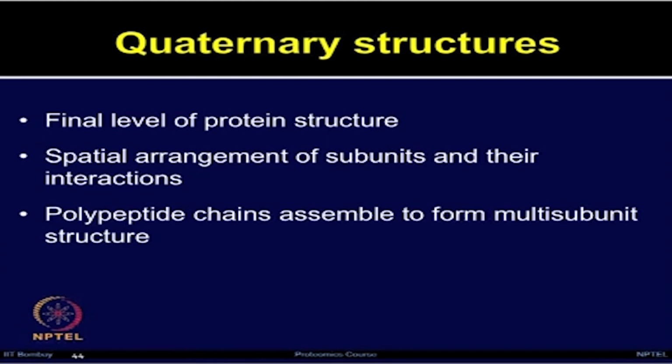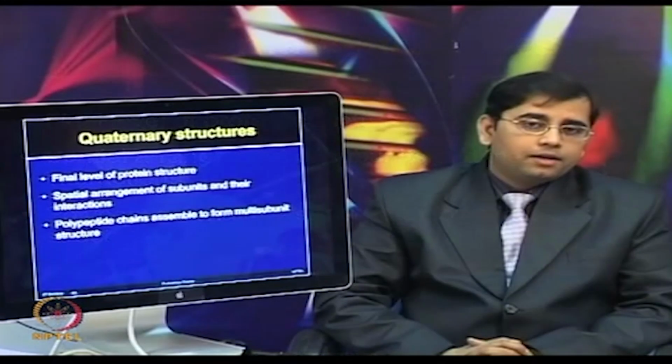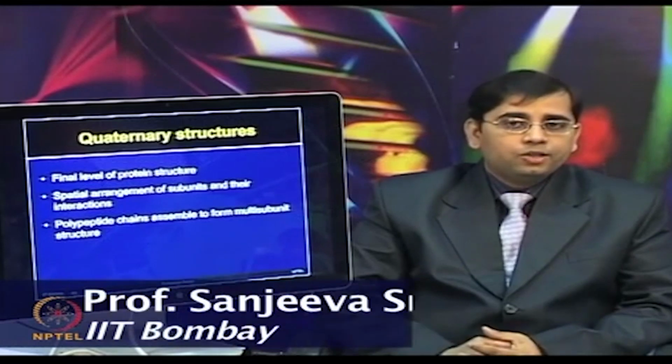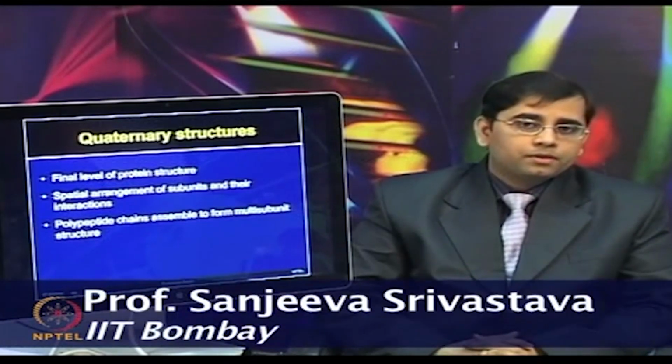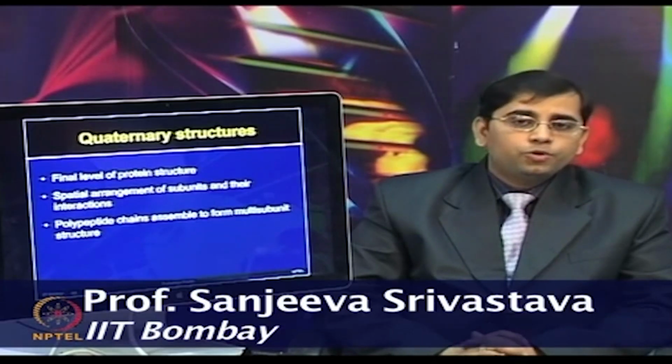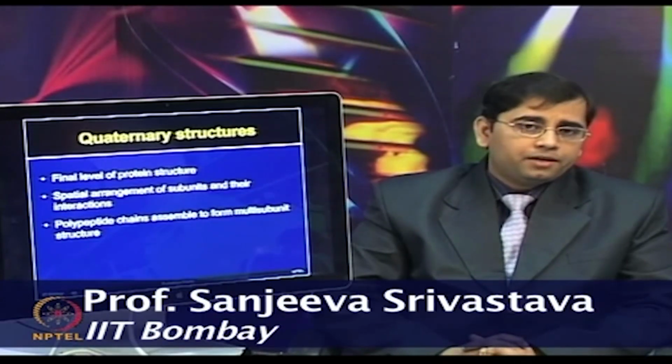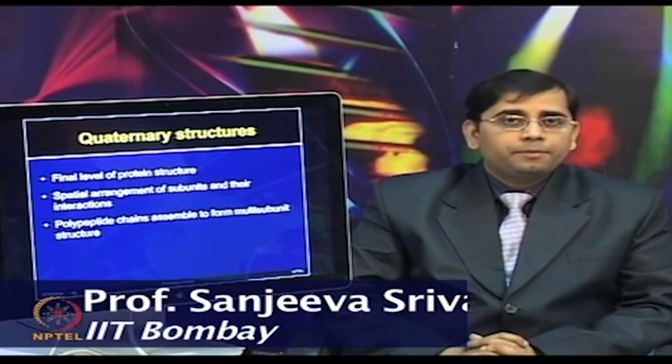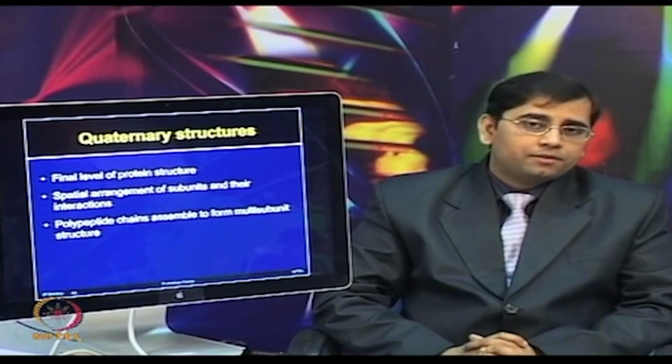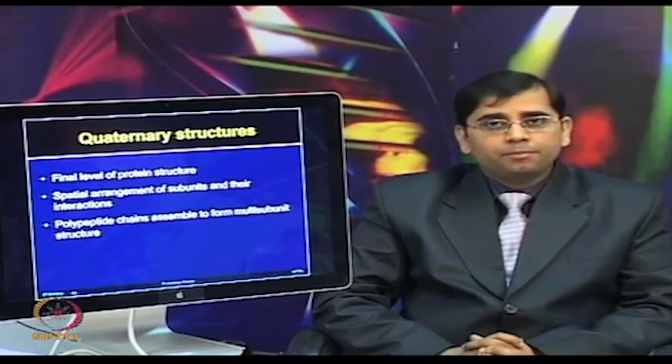The polypeptide chains assemble to form a multi-subunit structure, and each polypeptide chain is known as a subunit. Different examples exist, such as the DNA binding protein of bacteriophage lambda, which represents the simplest quaternary structure. Then we have the classical example of hemoglobin.